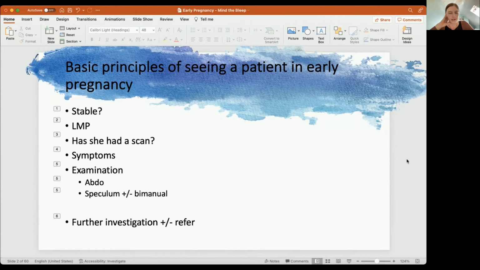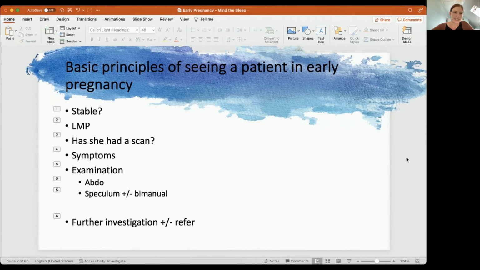Another important question is if she's had a scan yet this pregnancy. If she's had a scan, she's much more likely to know exactly how pregnant she is, which is more reliable than the LMP. And of course, that also tells us the most important thing in early pregnancy: is the pregnancy in the uterus or is it not? That's the main thing we are worried about in early pregnancy, essentially.